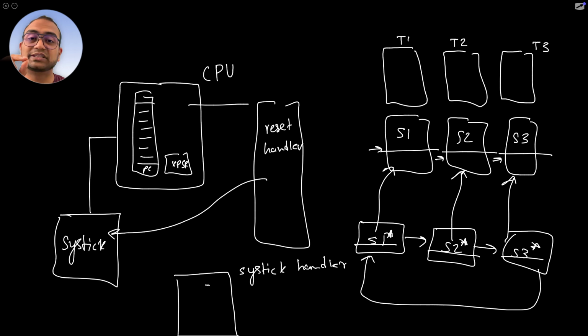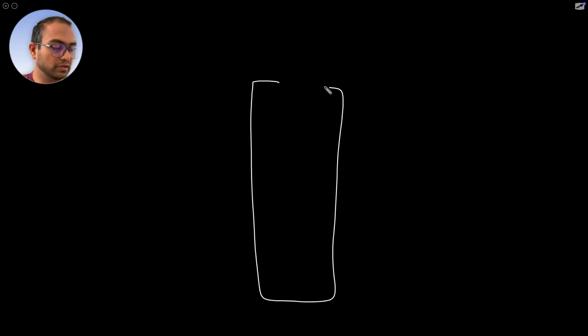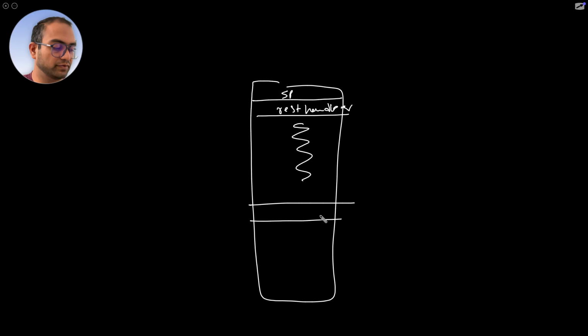Which means our vector table, and I'm going to erase all of this, will now have the SP, the reset handler, and at the 15th location, the SysTick handler.